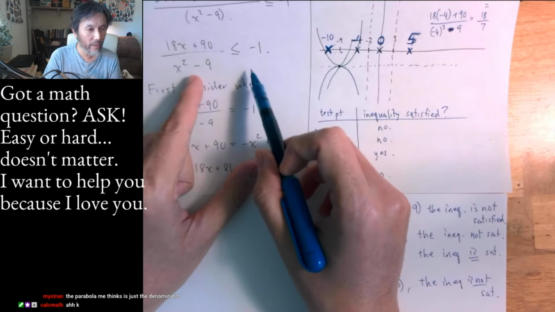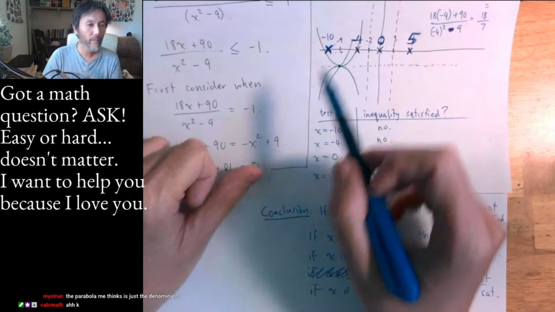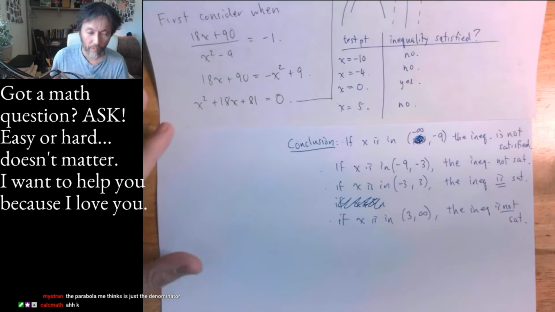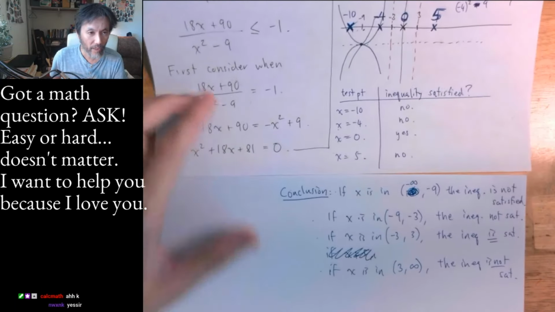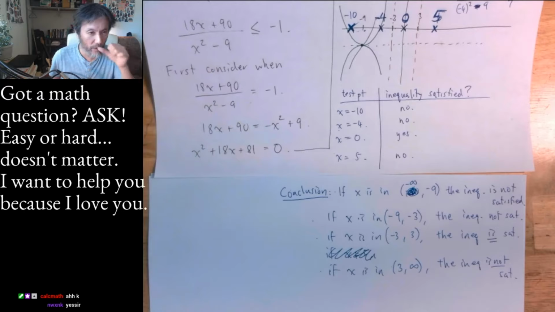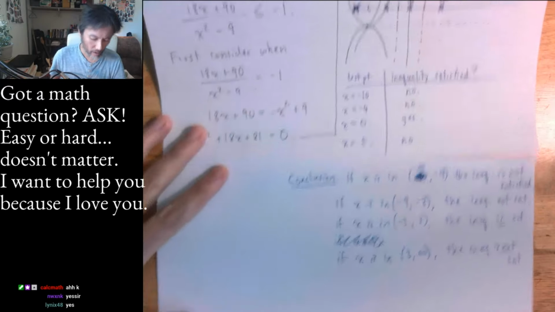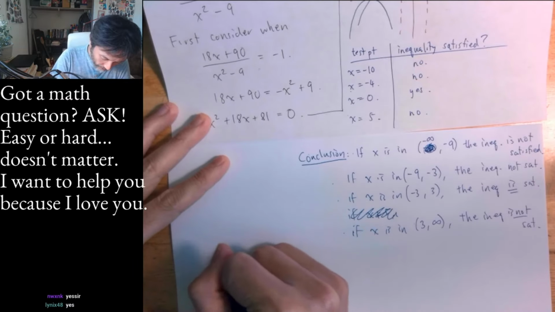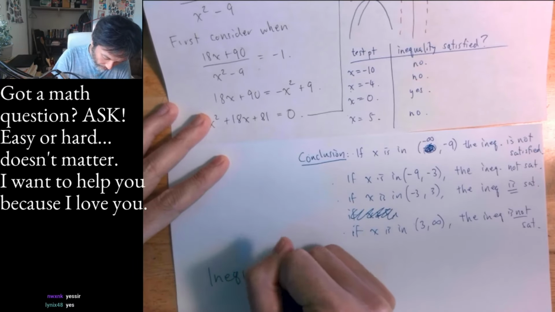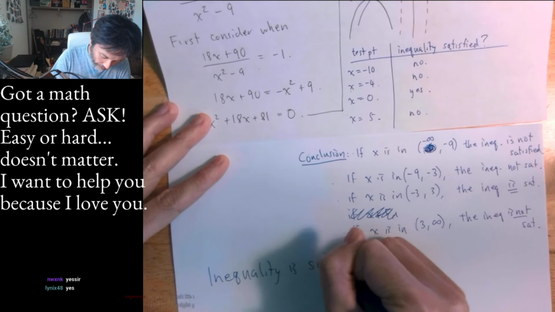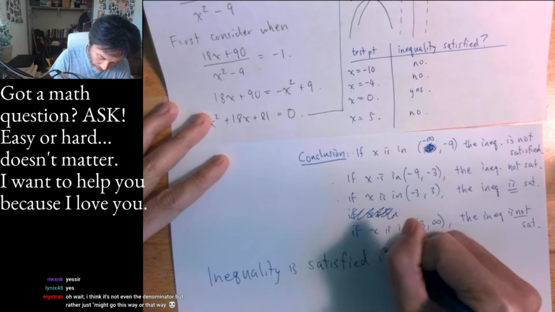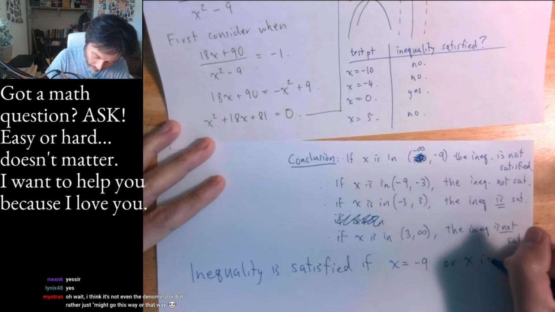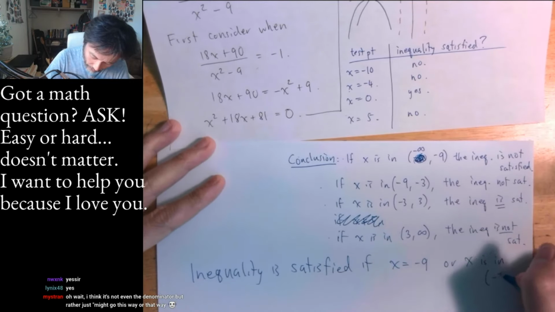Is the inequality satisfied at x equal to -9? Yes. So the final answer is that the inequality is satisfied if x is equal to -9 or x is in the interval from -3 to 3.